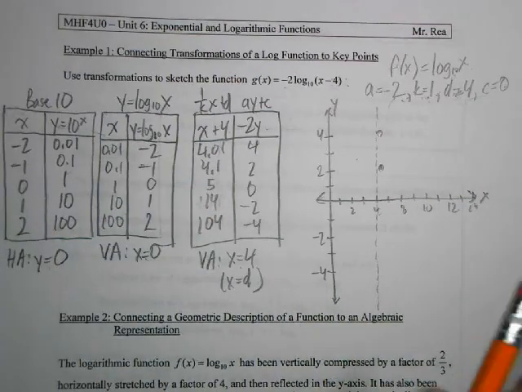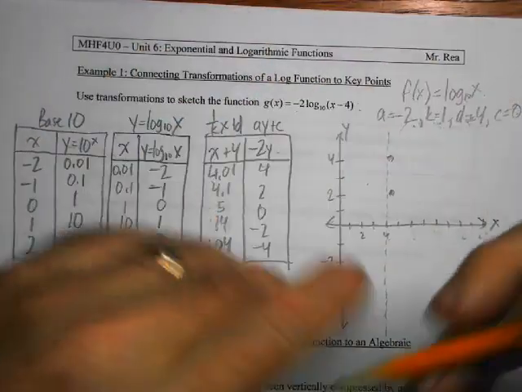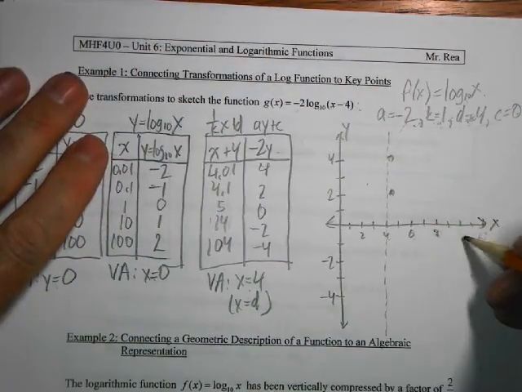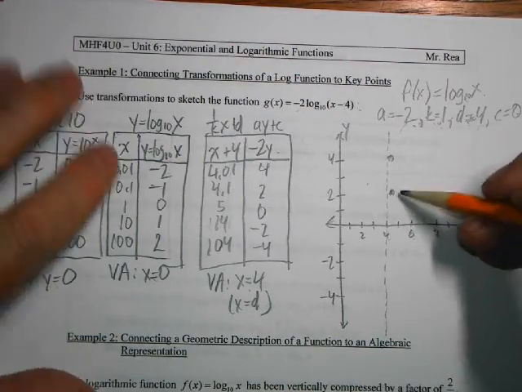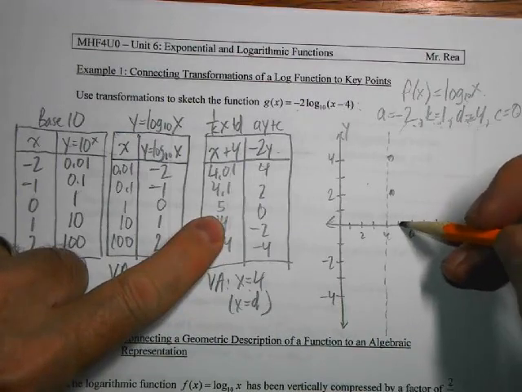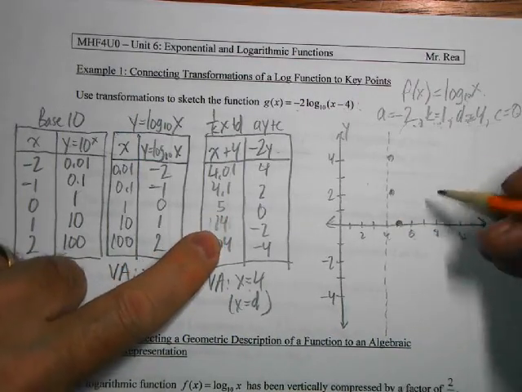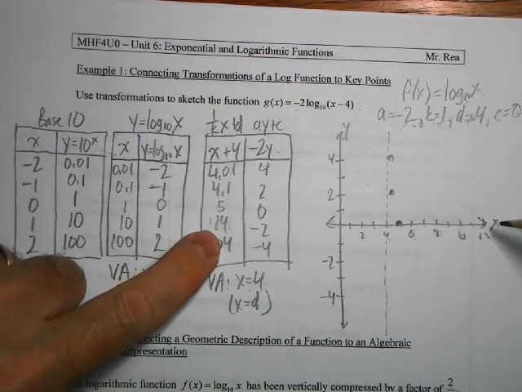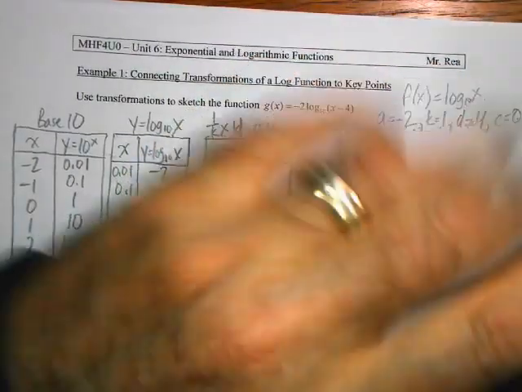So remember, that's 4. Oh, I got my scale wrong here. Okay. 6, 8, 12. Okay, so it's 5, 0. So 5, 0 would be right here. Then 14, negative 2. Well, 14 is going to be out to here. Should have made my scale a little bit longer so I could fit that point on.